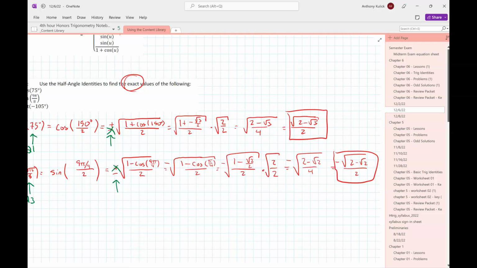And then how did you get from 9 pi over 4 to pi over 4? Because they're coterminal. 9 pi over 4 is 2 1/4 pi. So the 2 pi can just whoop, get out of here.